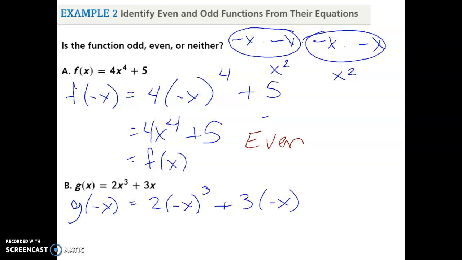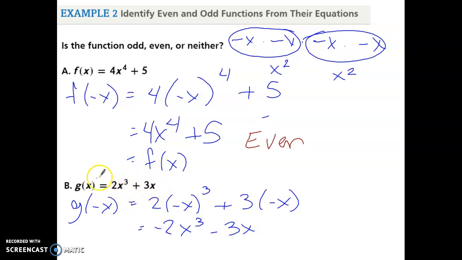Okay, negative x to the third, negative x times negative x times negative x. I'm going to get negative x to the third. So negative times 2, that's going to give me negative 2x to the third. And then right here, positive 3 times negative x, that's going to give me negative 3x. So if I look at this and I compare it with this one, I can see that it's exactly the opposite.